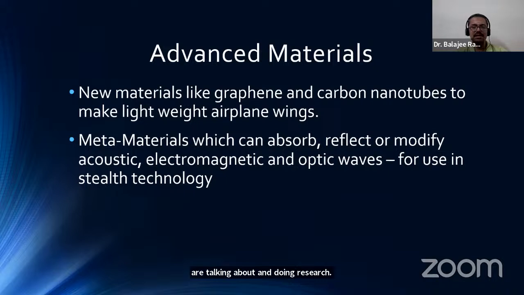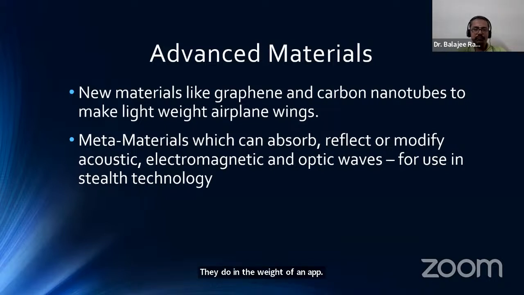Then advances in materials are also another important aspect. New materials like graphene and carbon nanotubes to make lightweight airplane wings. So if you make the wings light, you reduce the load, reduce the total weight, you carry less fuel. There's so much benefit reducing the weight of an airplane.